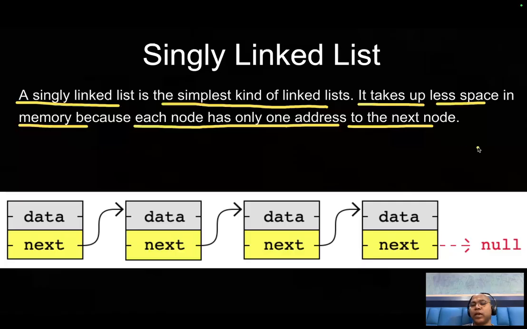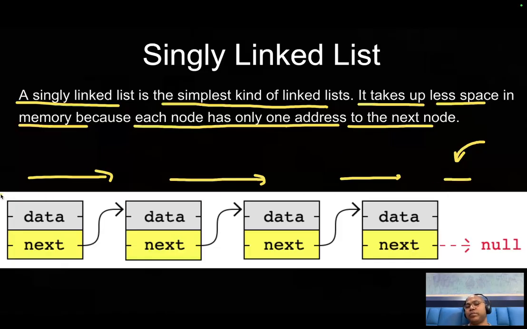From here you can go to the next, from here you go to next, from here you can go to next. You can only go one way. This is the singly linked list.